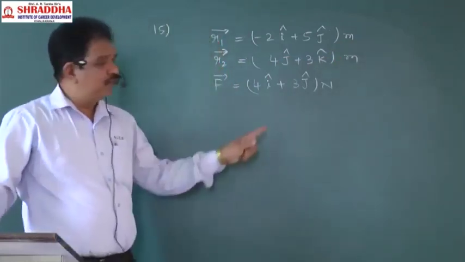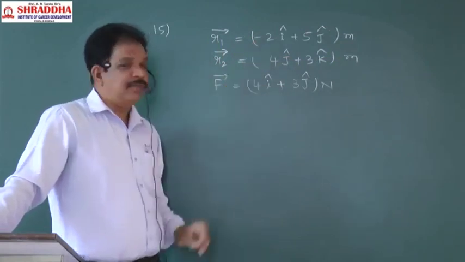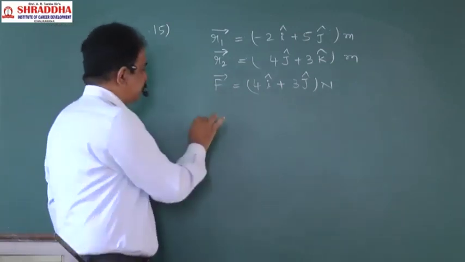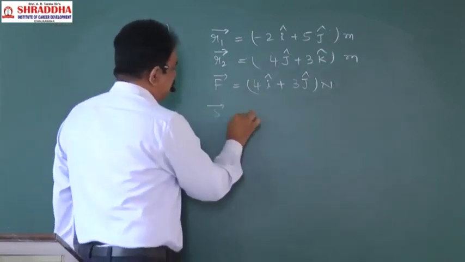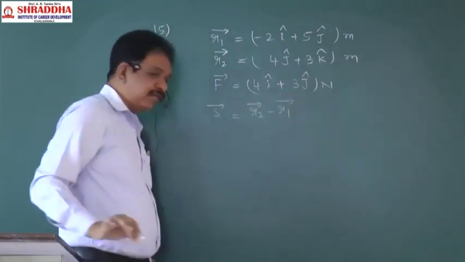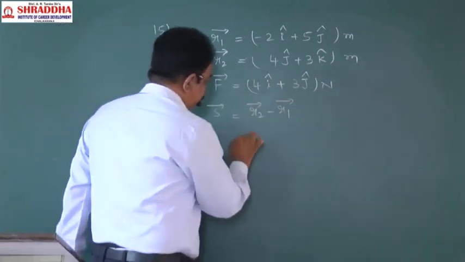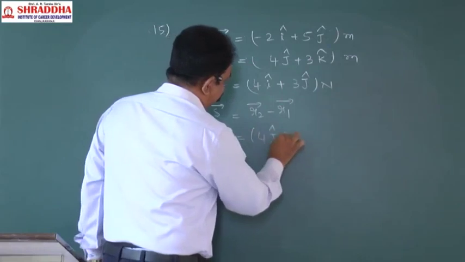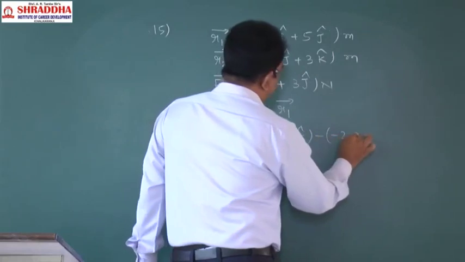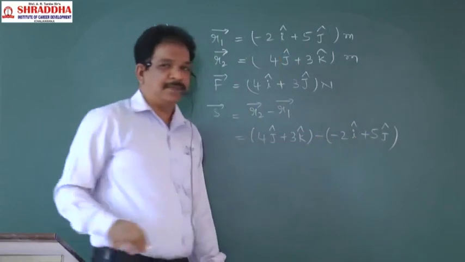We applied force on a particle. Initially the particle is here, it came to here. Then what is the work done? Find displacement. S bar is equal to R2 bar minus R1 bar. R2 bar will be 4j cap plus 3k cap minus 2i cap plus 5j cap.